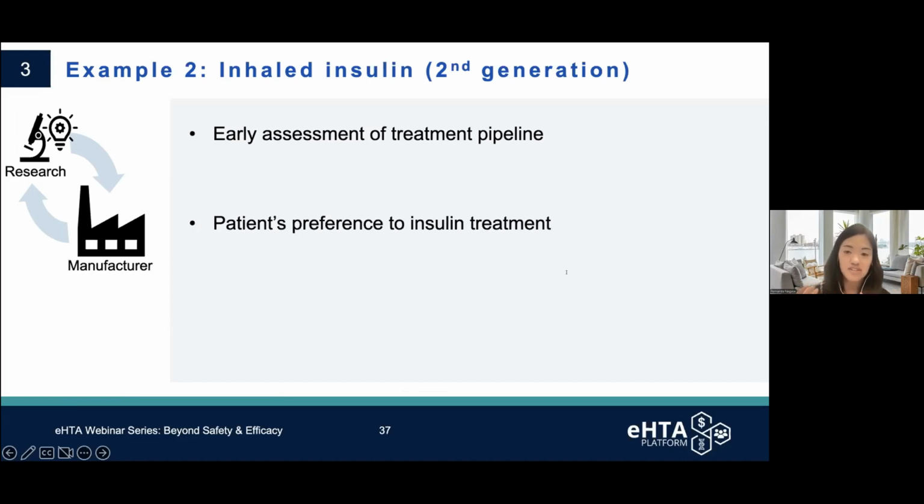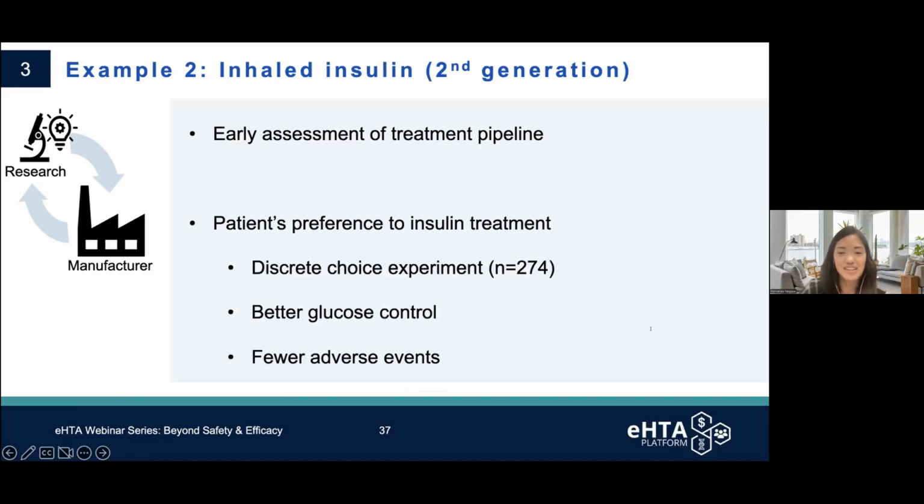Patient preference studies are able to explore what criteria patients use when making decisions about a treatment, in this case, insulin. And funny enough, in 2010, our group conducted one patient preference study to explore the drivers of the decision around insulin treatment.